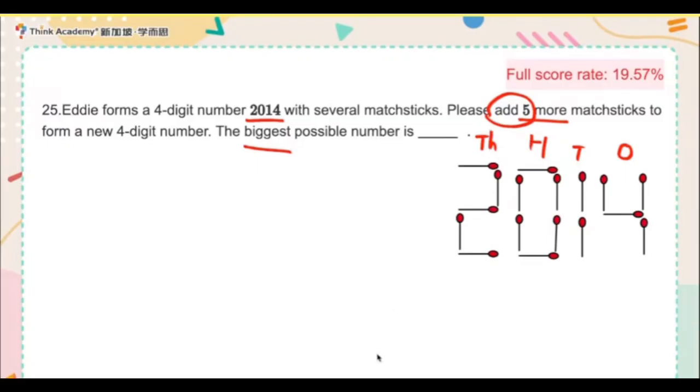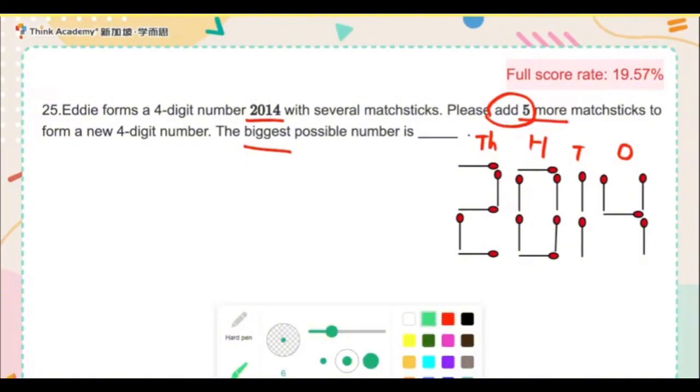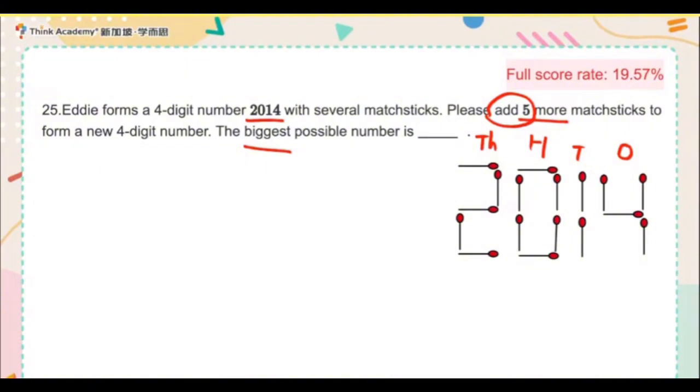Okay, so we can see this time, if we want the number to be the biggest, we need to make sure which digit is the biggest. Type in your chat box. Yeah, that will be the thousandth digit should be the biggest, right?